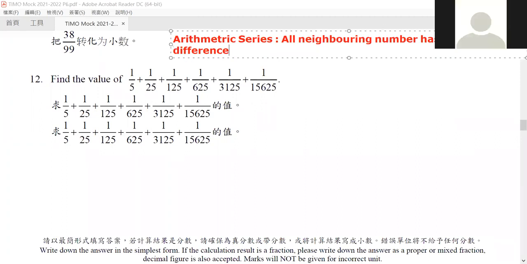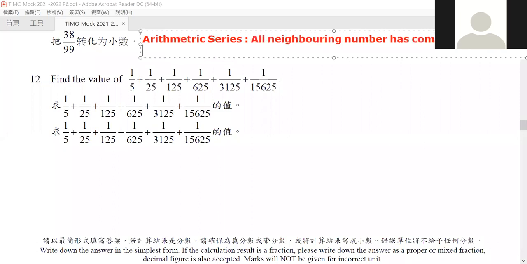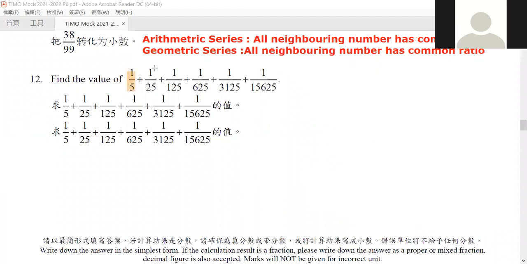But in this question, instead of an arithmetic series, we will focus on something called a geometric series. A geometric series is just like an arithmetic series, again with all neighboring numbers, but instead of a common difference, they have a common ratio. You can see here that for 1/5 and 1/25, the denominator is just 5 times the previous one.